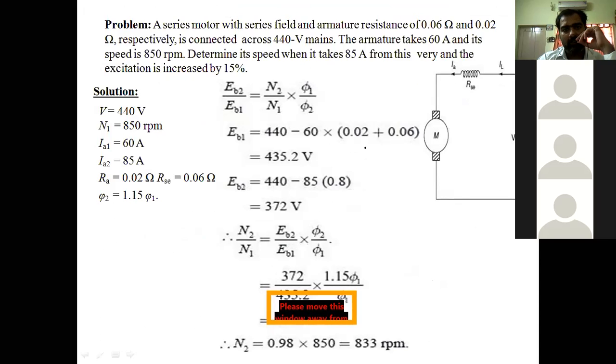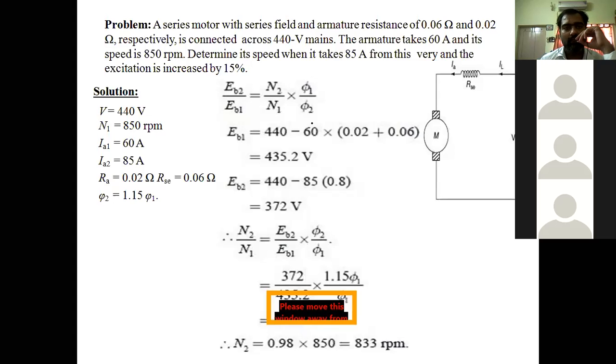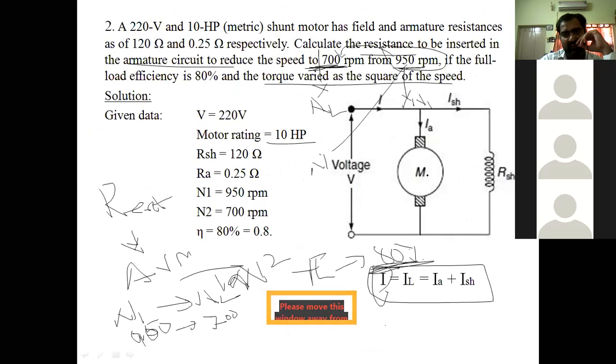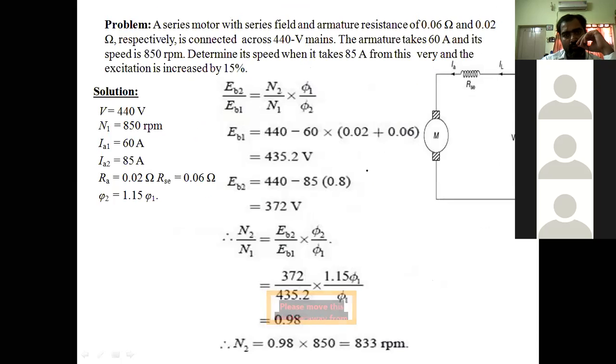And the last problem I would like to discuss here is the one I have taken for the series motor. Now we have seen earlier the two problems which were for the DC shunt motor. So let us see what he has asked for the series motor and how it is going to be solved. So this is your series motor.